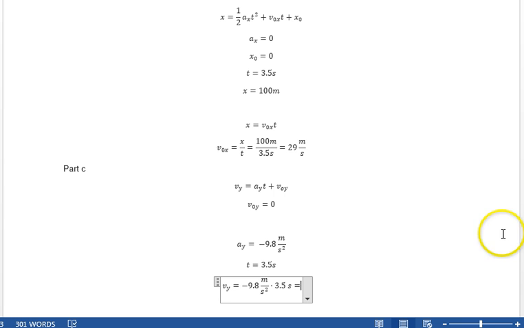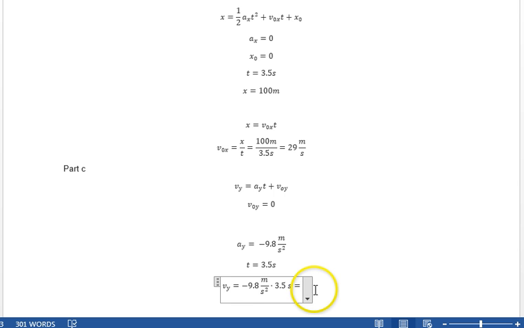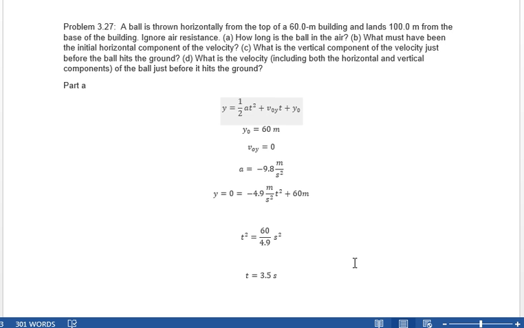So we're looking at minus 9.8 times 3.5 equals minus 34 meters per second. That's our velocity in y just as we hit the ground.